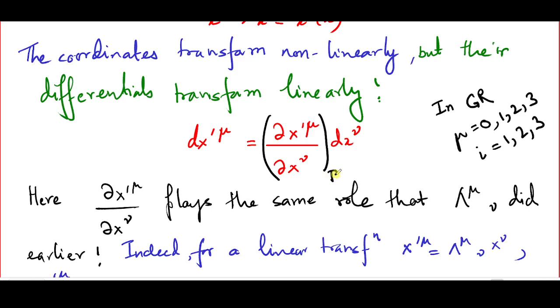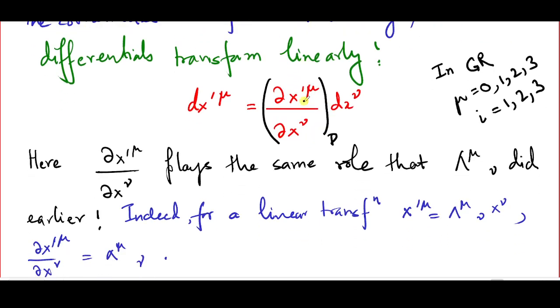So let's say at the point P, where what I really mean here is that I would calculate these derivatives and plug in the values for the x's at the point P to get the number. So these are actually numbers.